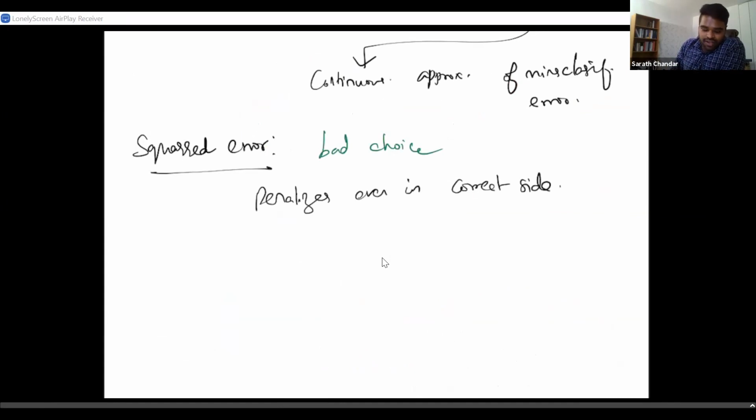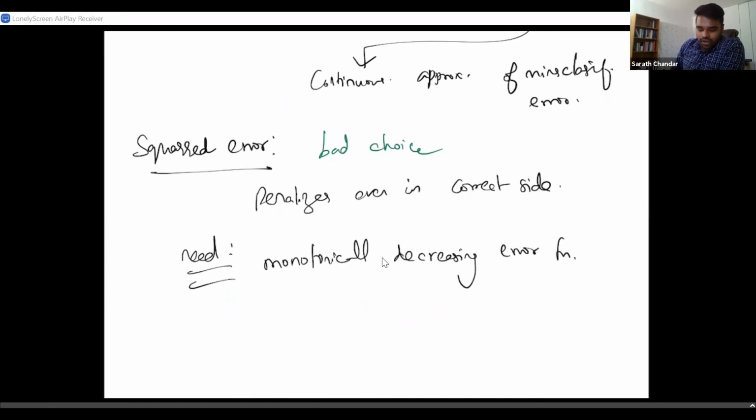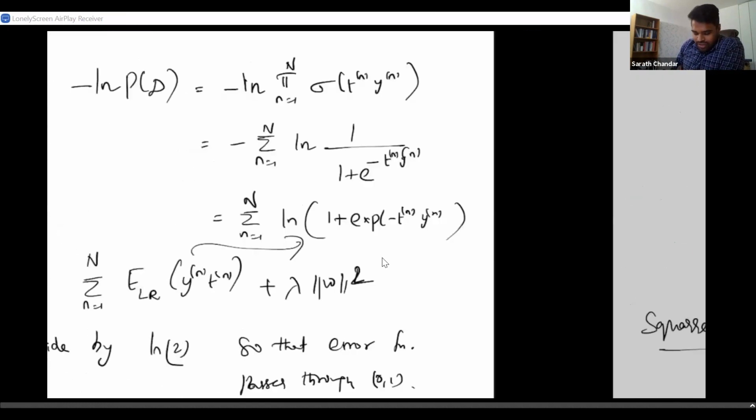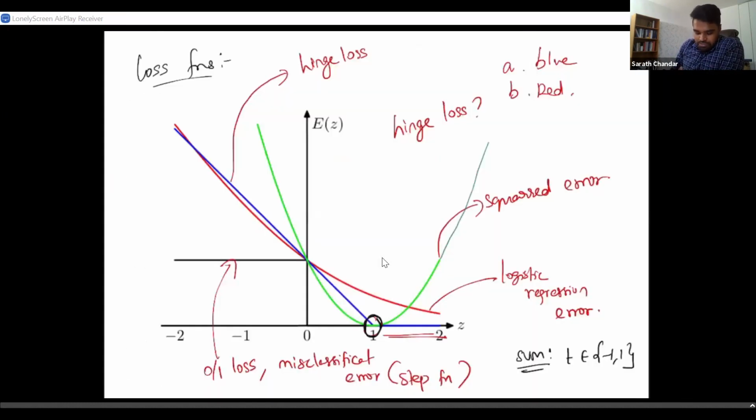So what we need is some loss which is monotonically decreasing. Now if you go back to this picture again, you could see that except for the square loss, everything else is monotonically decreasing, right?